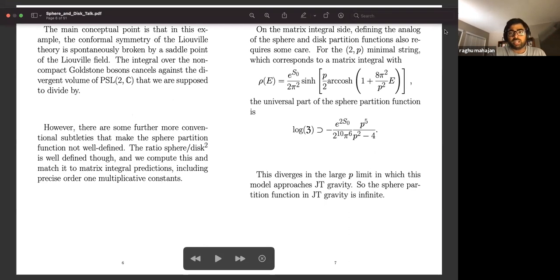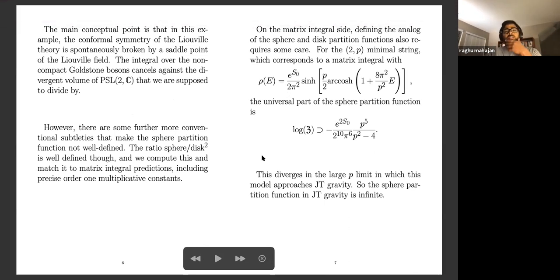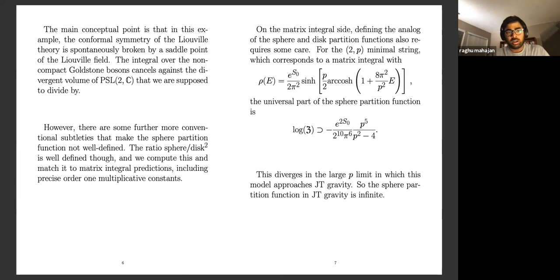And here is the main punchline of the talk, which I would like to emphasize: if we look at sphere worldsheets, the Liouville field has a saddle point. If you work with a sphere background metric, it's just some constant. But the point is, this saddle point breaks the PSL2C conformal symmetry. That means when you act on it with the PSL2C, you generate new configurations of the Liouville field.